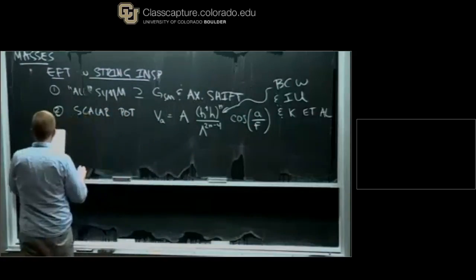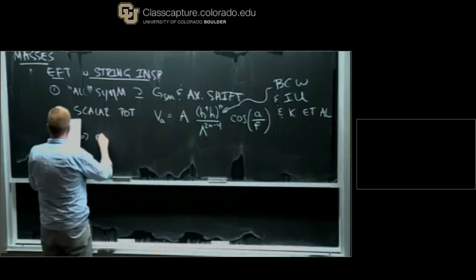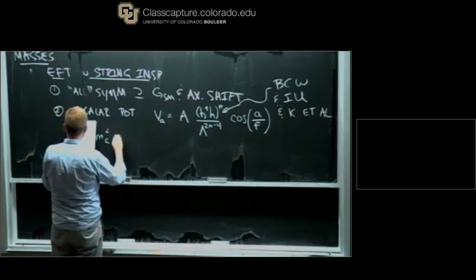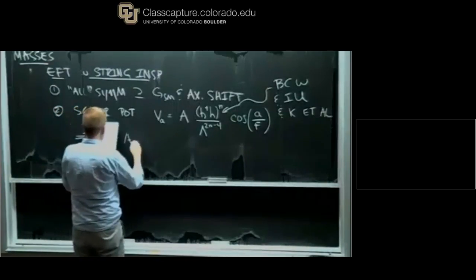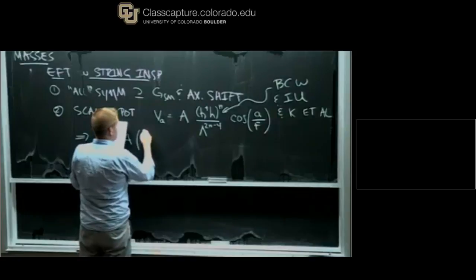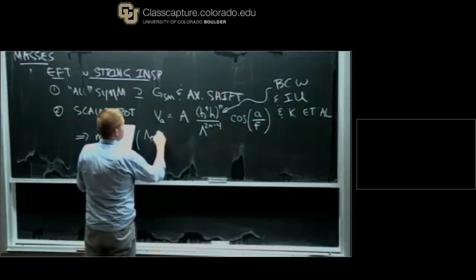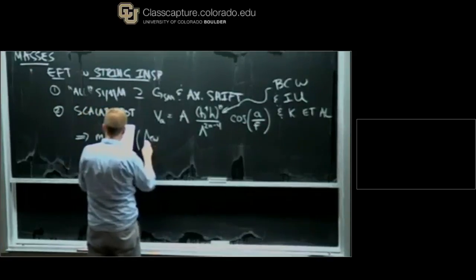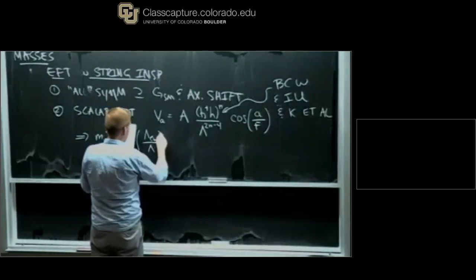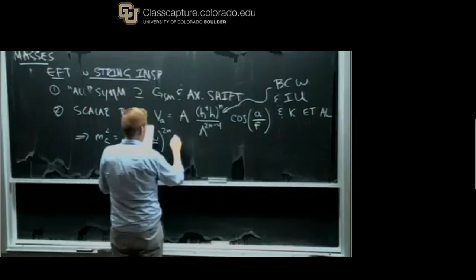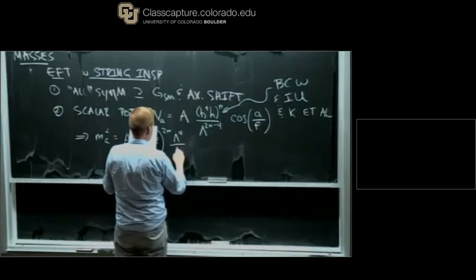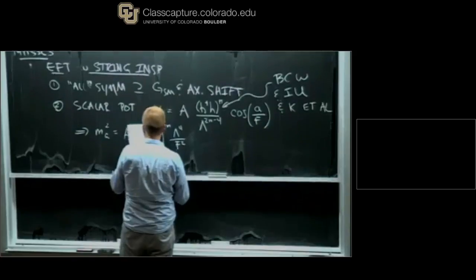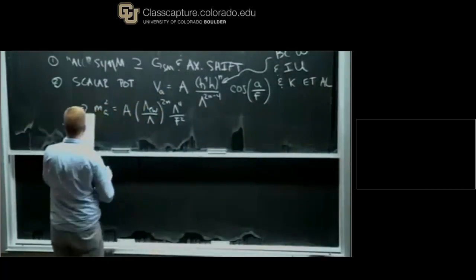What happens when you work this out is that m_a squared, the mass of the axion, is, expanding out this potential, the Higgs vev is going to give you lambda electroweak, the electroweak scale, over lambda to the 2n, lambda to the 4th over f squared. I'm massaging it appropriately.